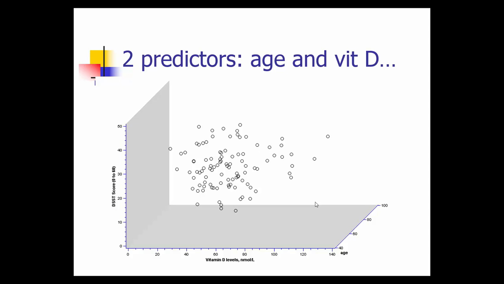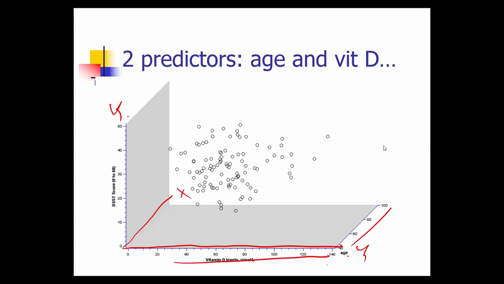When you have more than one independent variable, visualizing is somewhat difficult, because you won't be able to visualize in a 2D plane. It has to be a 3-dimensional plane. So here is y, and there are now two axes: here it is age, here it is vitamin D. More than 3 dimensions is very difficult to visualize.